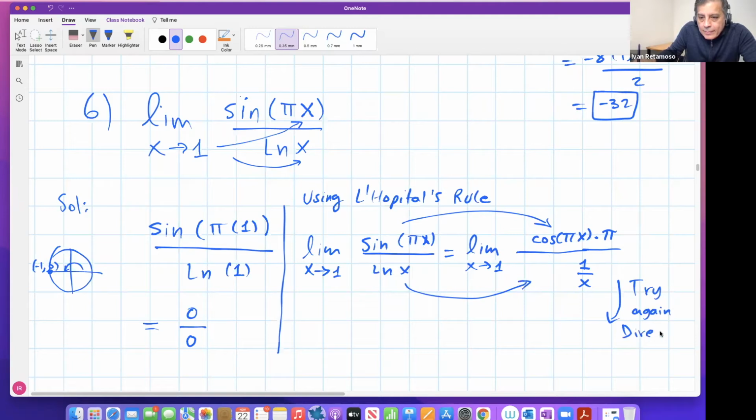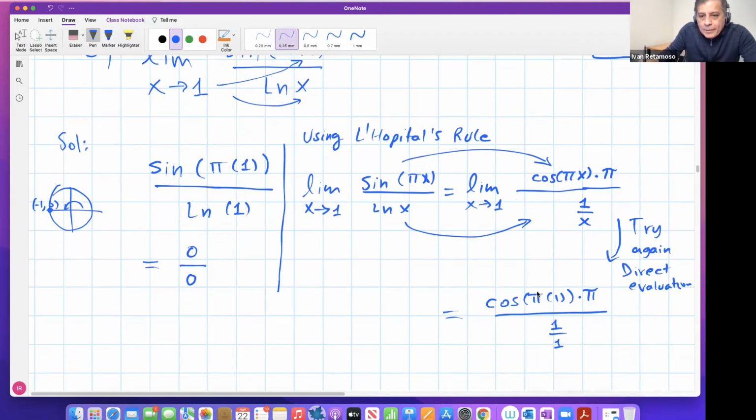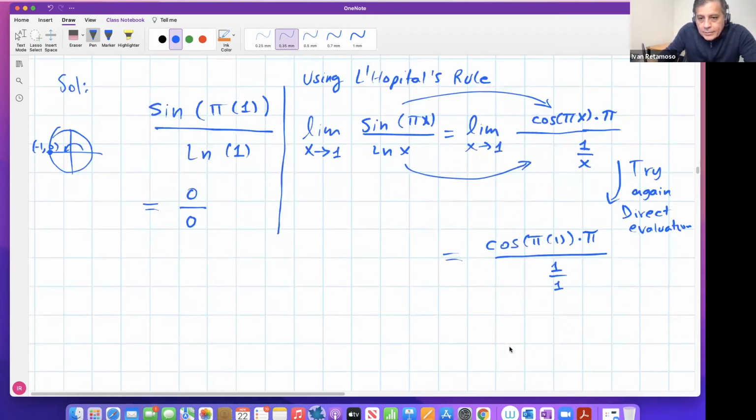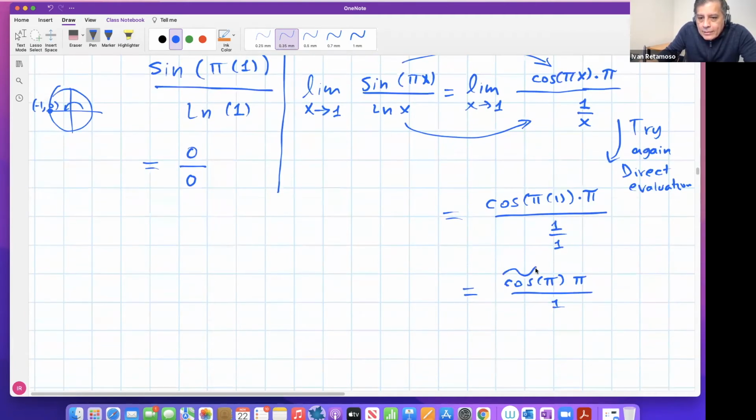Direct evaluation after taking the derivatives, right? If you do that, you will get cosine of pi times 1, times pi, over 1 over 1, right? Substituting 1 for x. This is cosine of pi times pi divided by 1. What is cosine of pi?